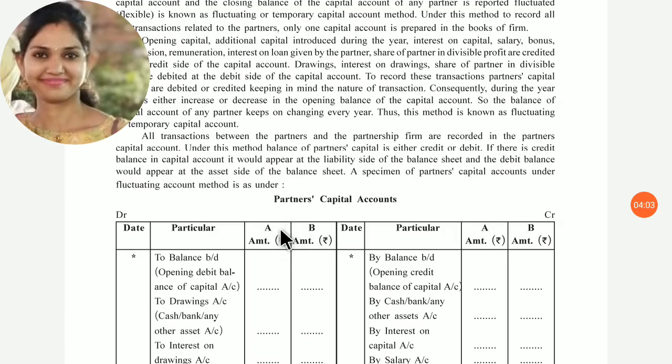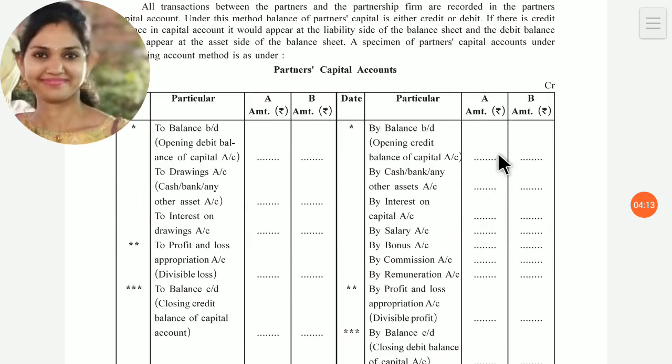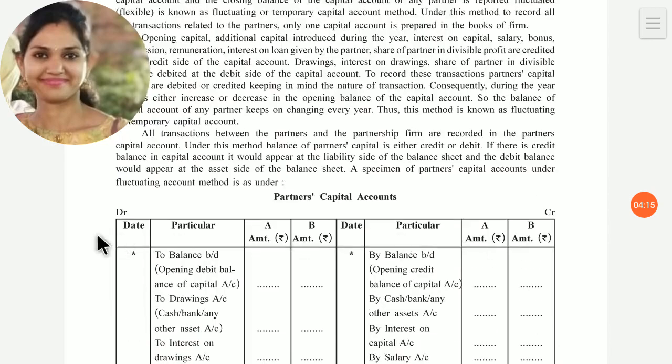Suppose two partners run the business, the names are A and B, so we will make individual columns for A and B on the debit side and again on the credit side also. So date, particulars, amount of A, amount of B, then on the credit side date, particulars, amount of A, amount of B, right girls?